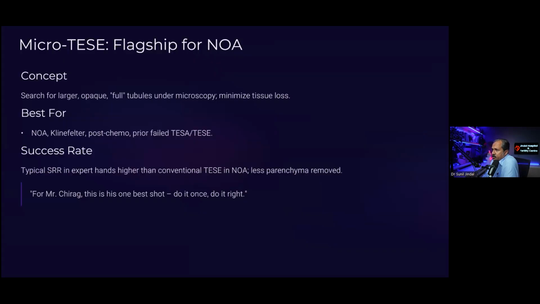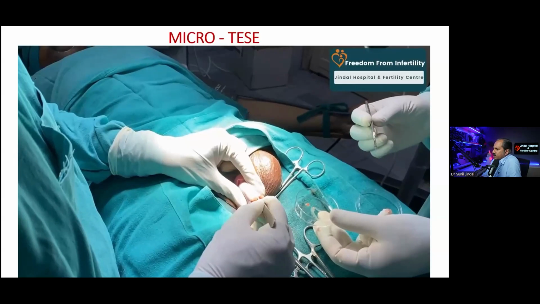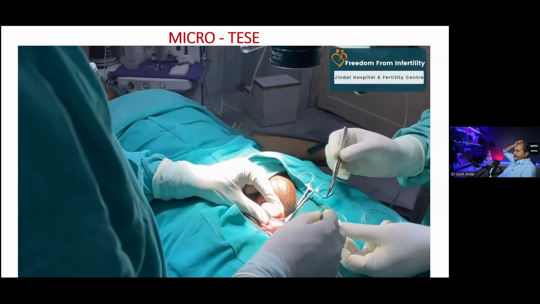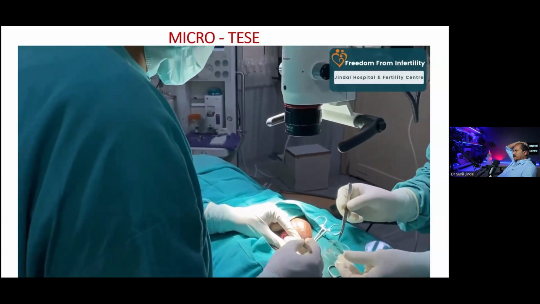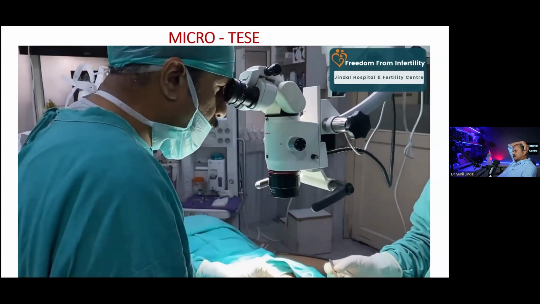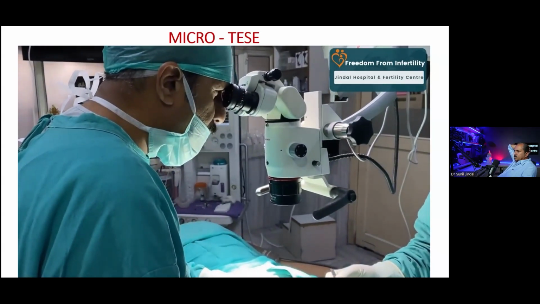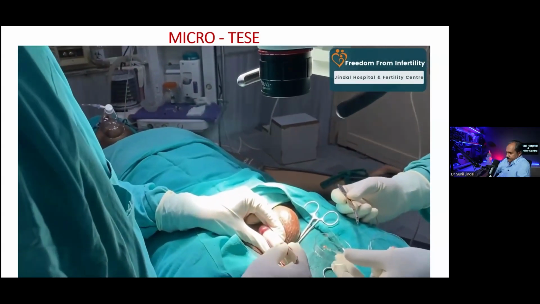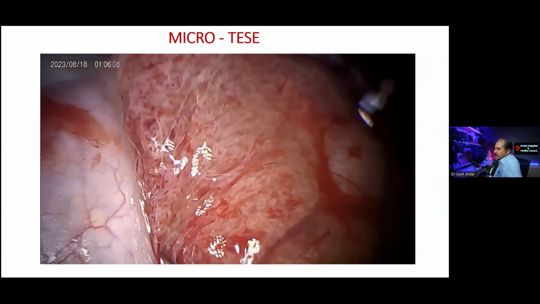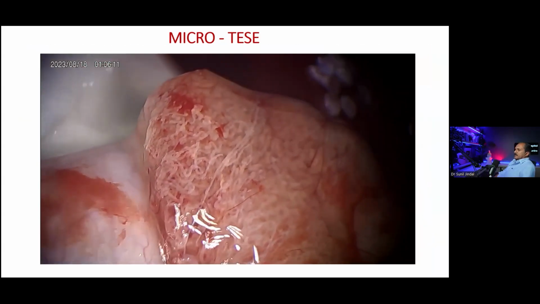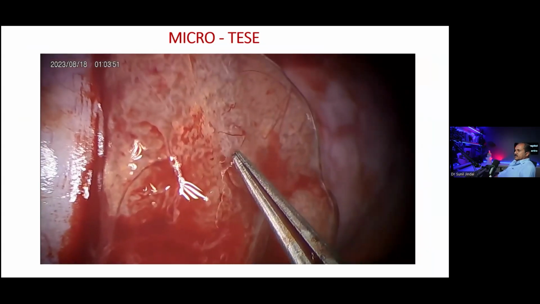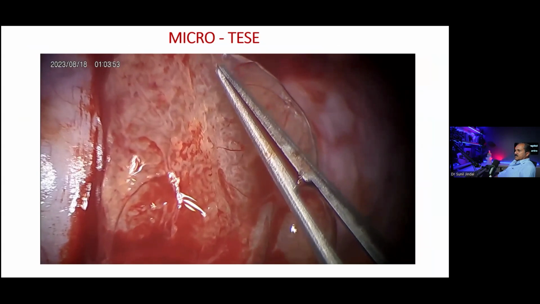Now, let me show you what happens in a micro-TESE. In a micro-TESE, what you actually do is open up the testes, and in the first plane, under a microscope, start taking out the tubules which you feel are thicker and could be having sperm. Now see over here. All these are thin tubules. But this is an area which has thicker tubules.